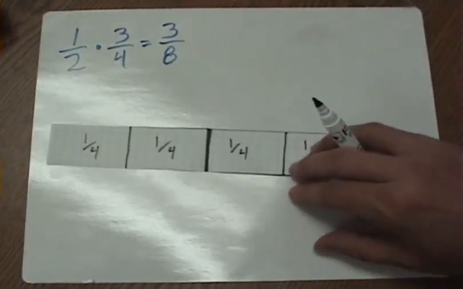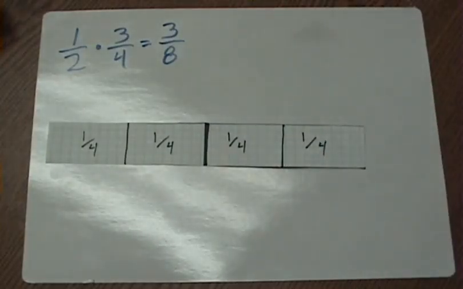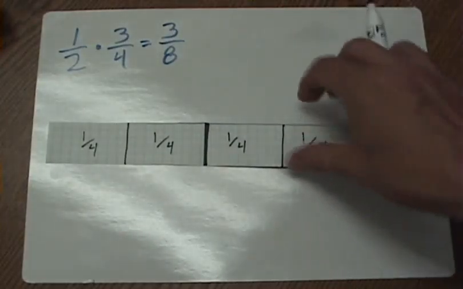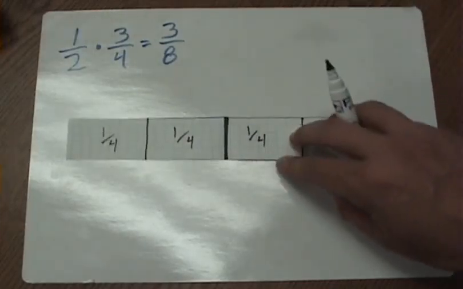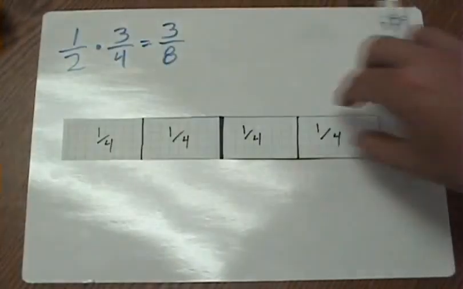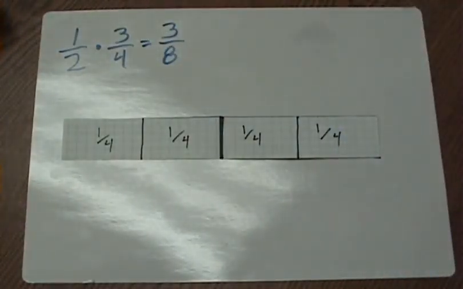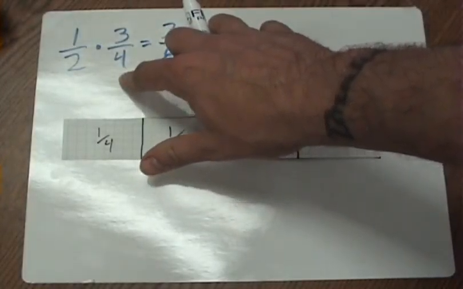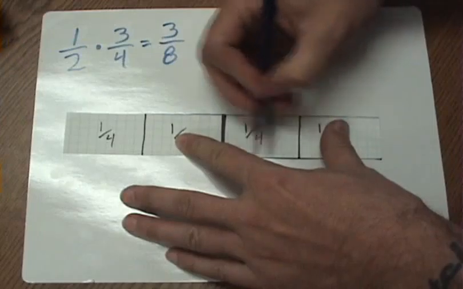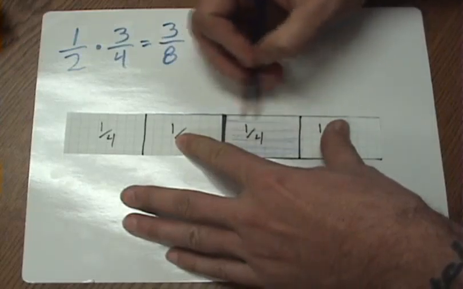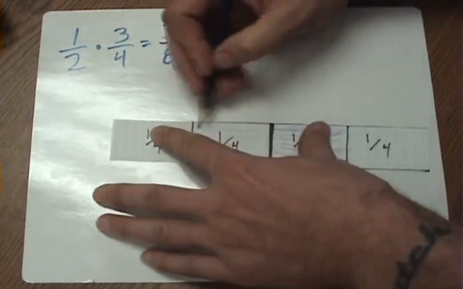But we're going to show that using our 1/4 fraction strip. I have a 1/4 fraction strip here. What I want to do is shade 3/4 of it, because that's what we're going to take half of. So let's go ahead and shade 3/4.